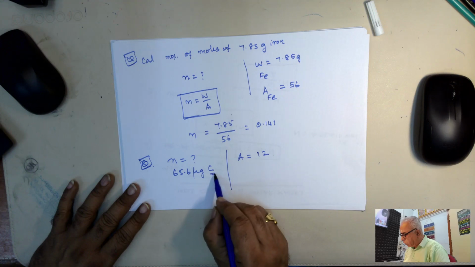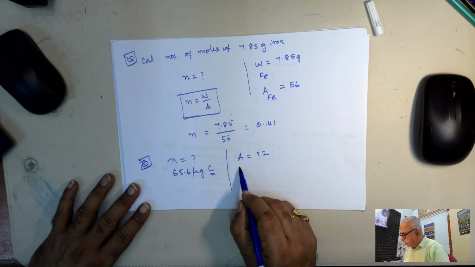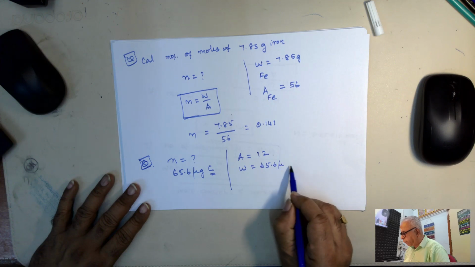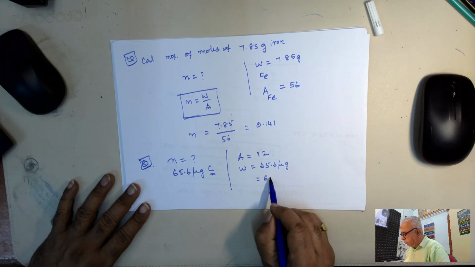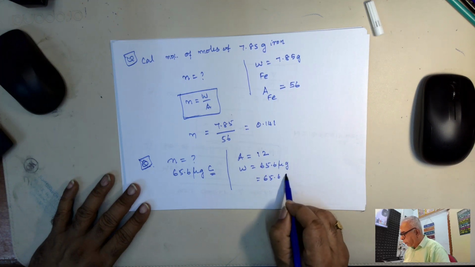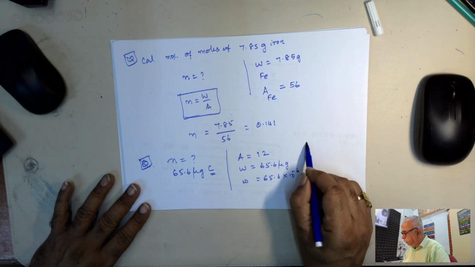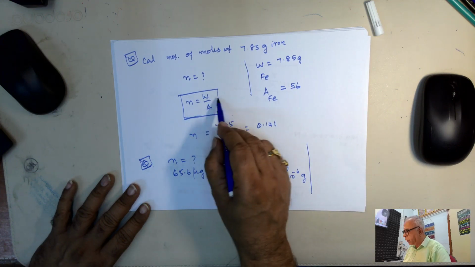And its weight is given as 65.6 microgram. It means 65.6, micro means 10 power minus 6 gram. Now you can employ this formula.